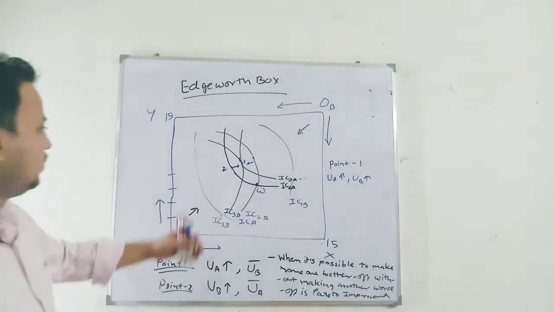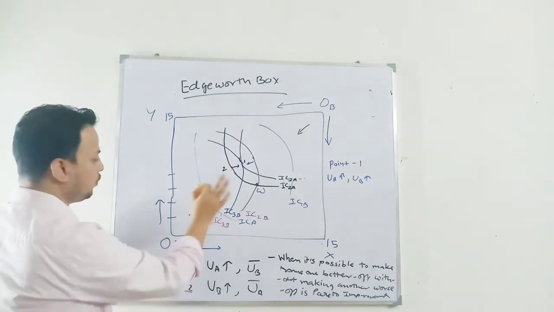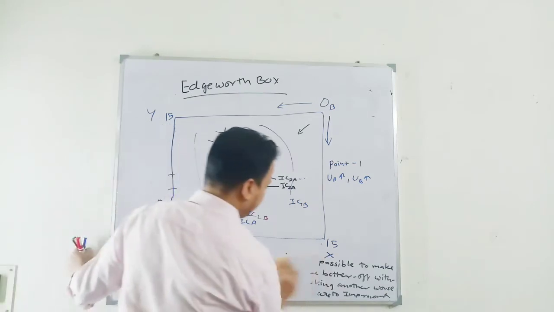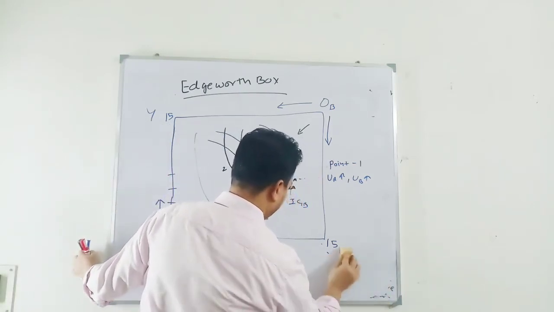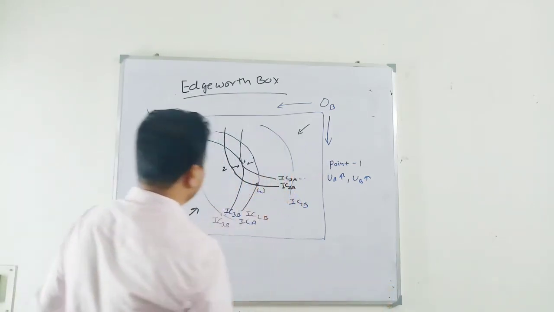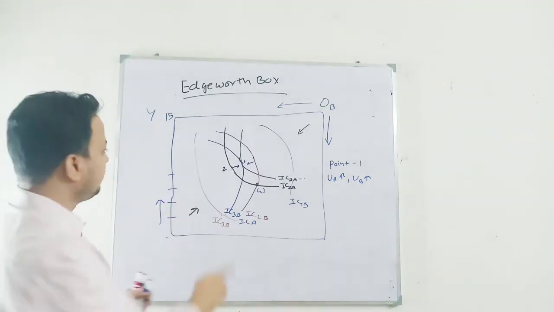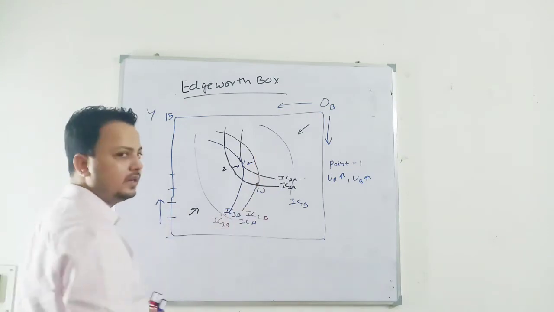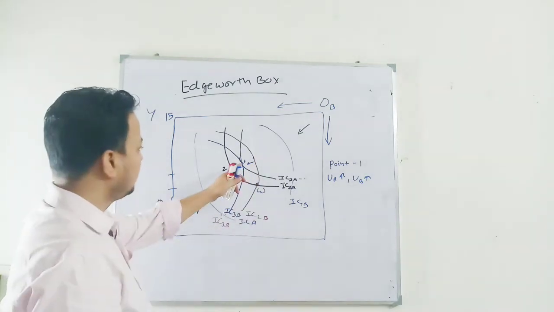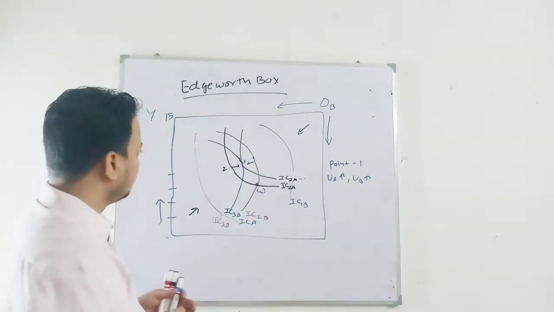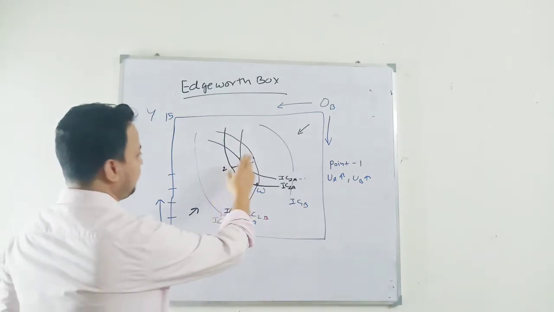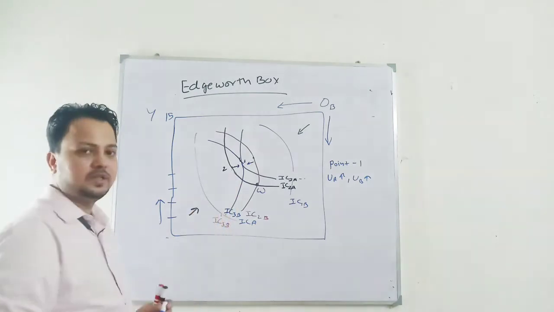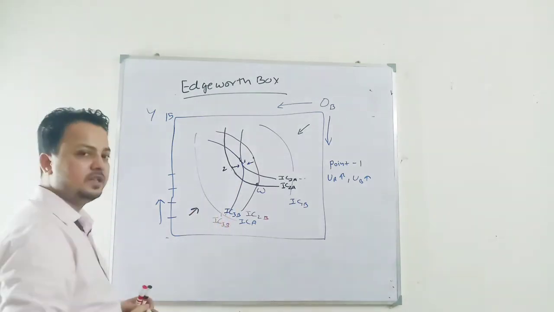So let me do this graph again in small pieces, then we will know more. Just remember these two curves are tangent here, and there can be many tangencies like that. Now we will discuss this tangency. Suppose I want to improve utility of consumer A more, is it possible? Yes, it is possible.